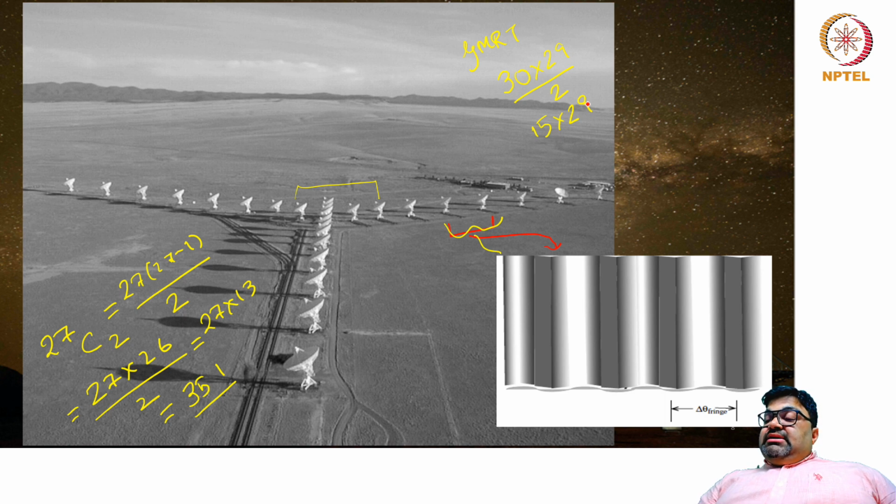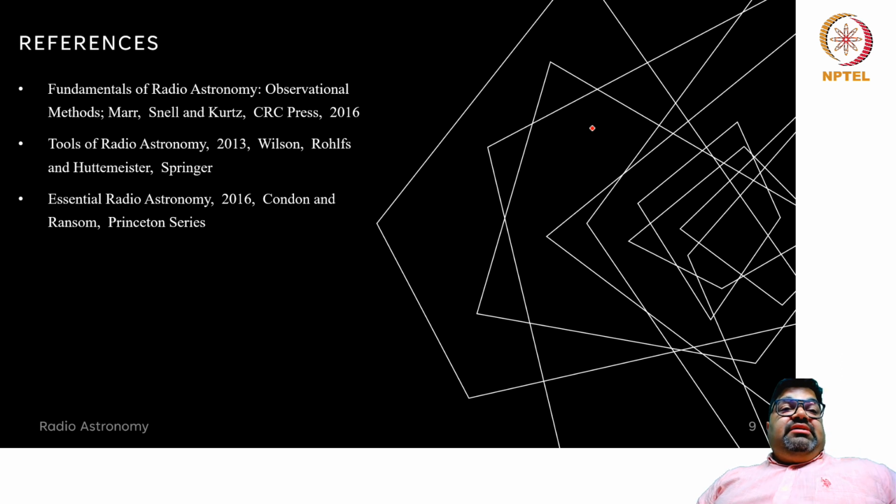How much will that be? If you can calculate that, 29 times 15 is 435. Okay, that many fringes will come for a given time, for the total number of baselines. Okay, so I think we have come close to the end.